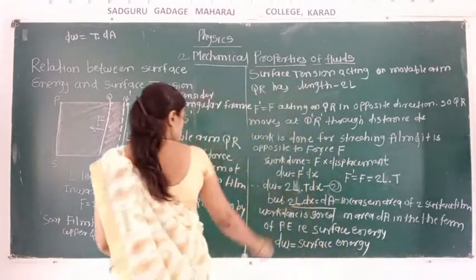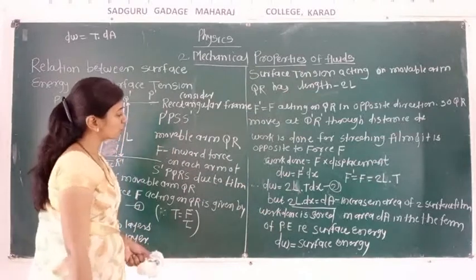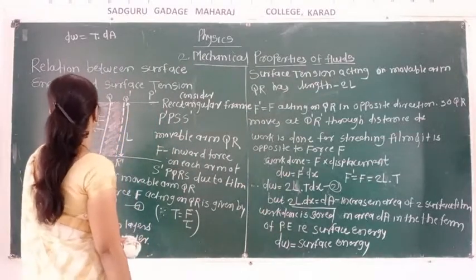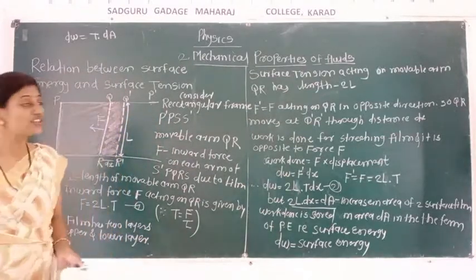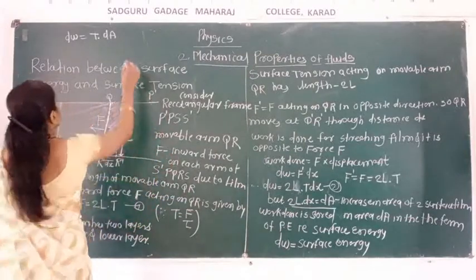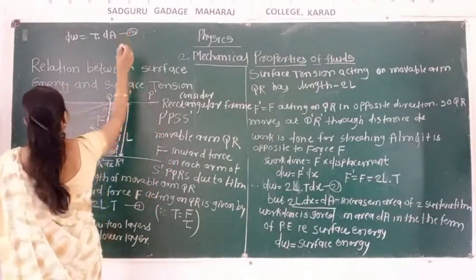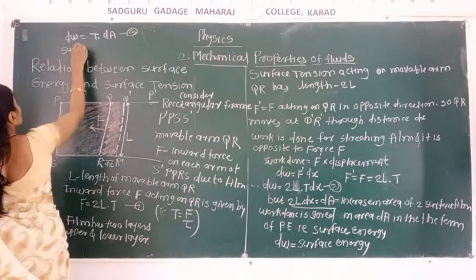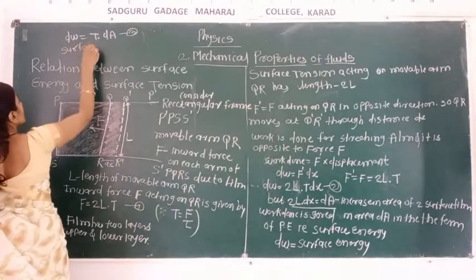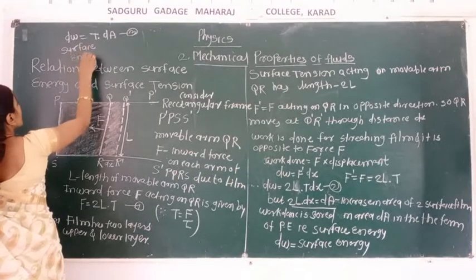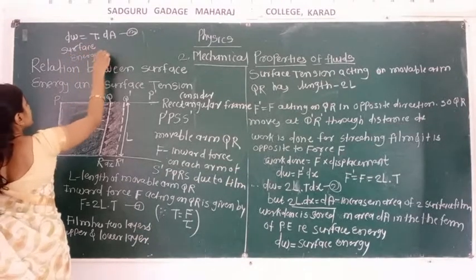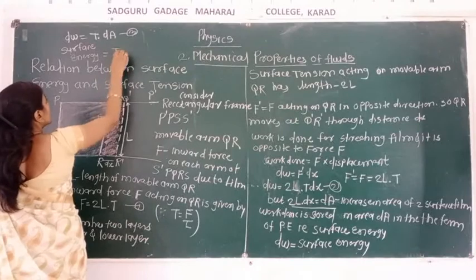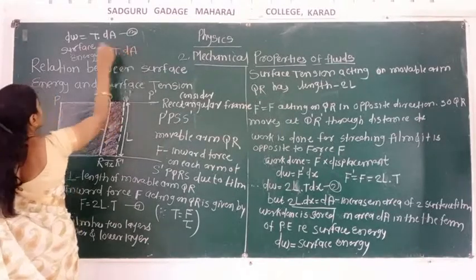We take the change in that equation. But that work done is stored in the form of surface energy. So that third equation will be changed again. Surface energy is equal to T into dA.